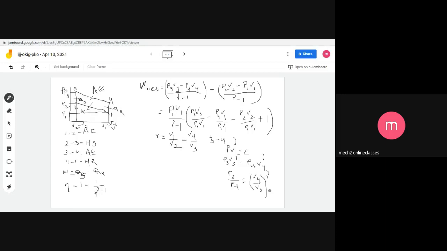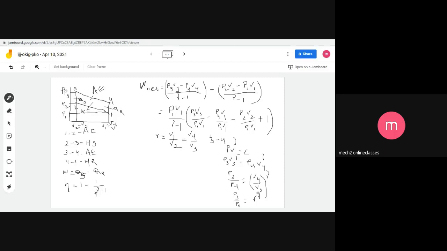So next, here V4 by V3 is R, right? So I can write P3 by P4 is equal to R to the power gamma.